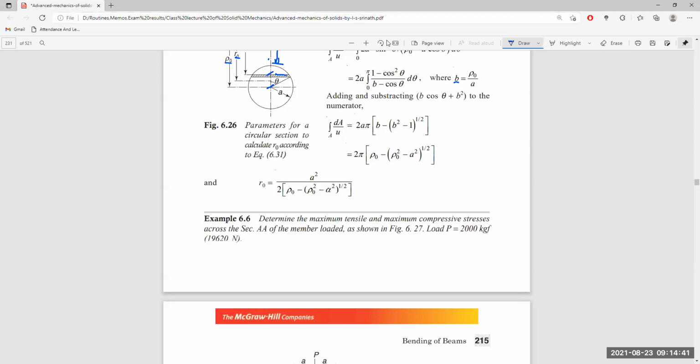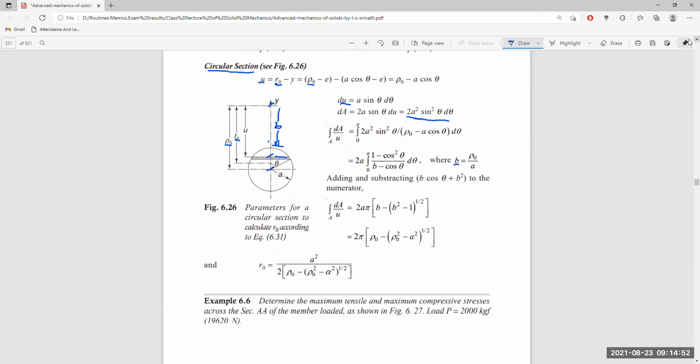And this plus rho 0 is given by this formula here.